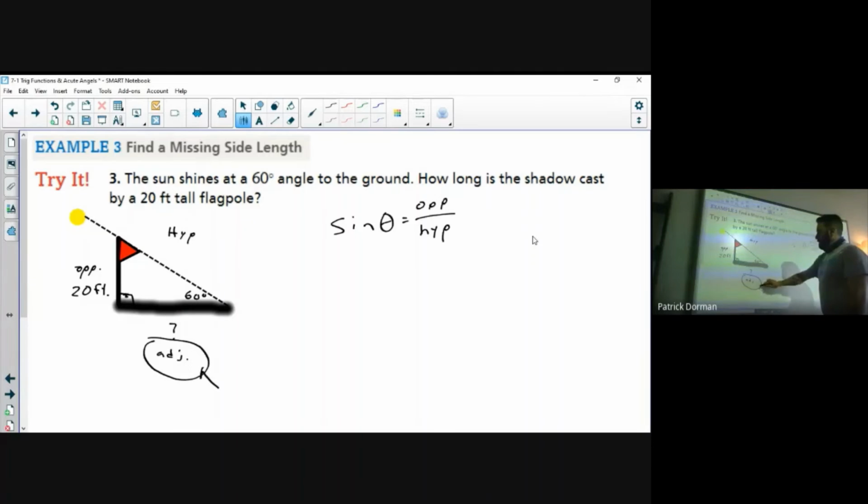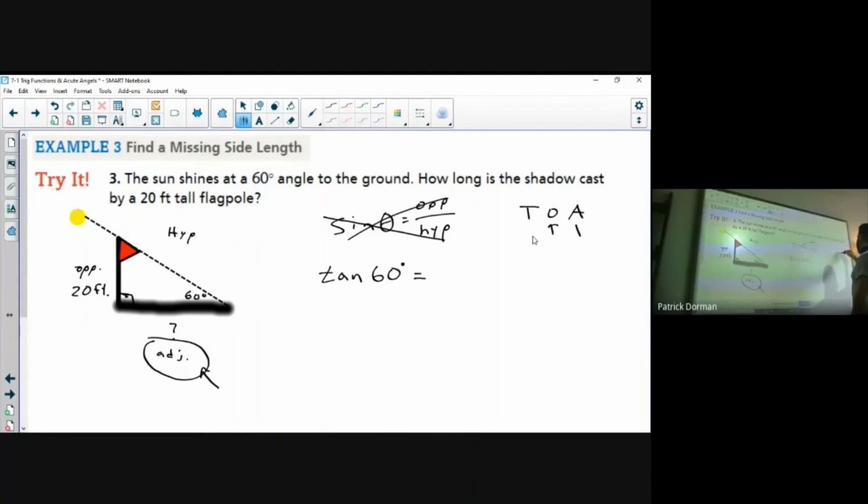Well, I need something that has adjacent and opposite in it, and so that's why I'm going to go ahead and choose tangent theta. Okay, so we're going to look at tangent of 60 degrees. Remember, SOH CAH TOA: TOA means tangent is opposite over adjacent, which is what we really want.